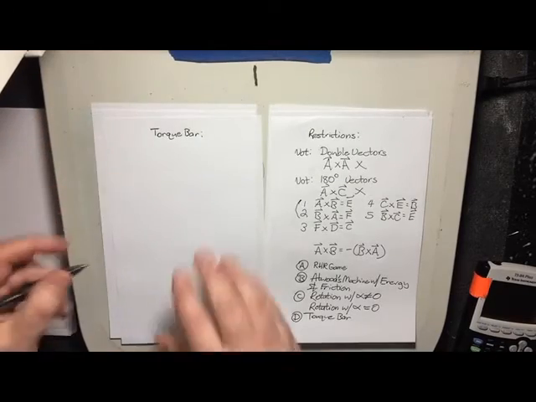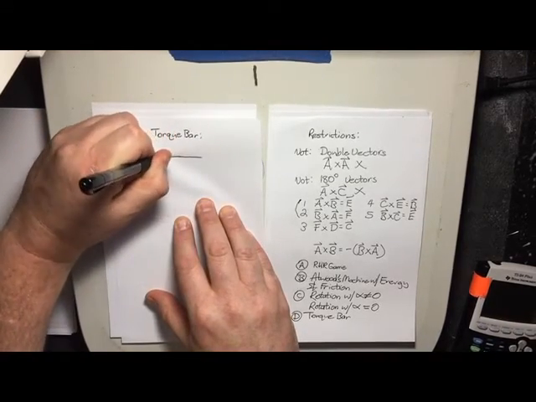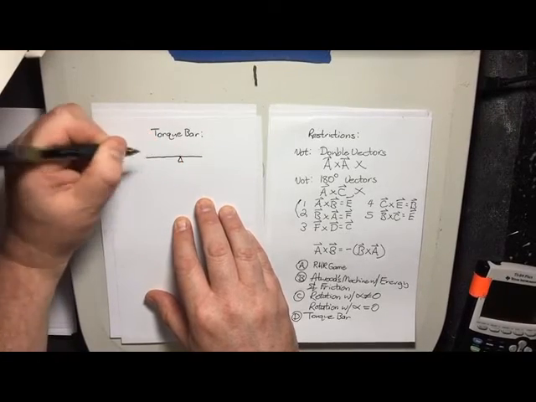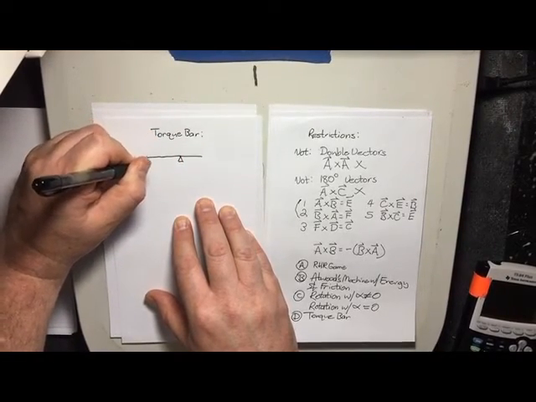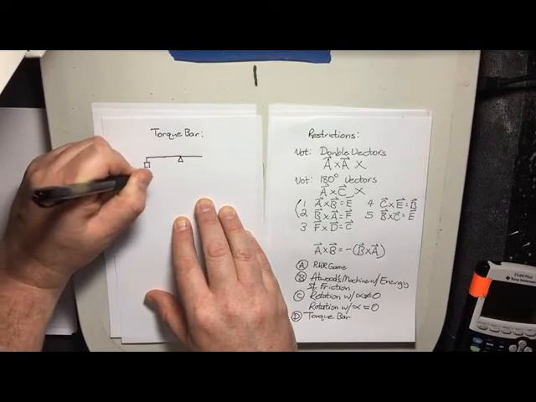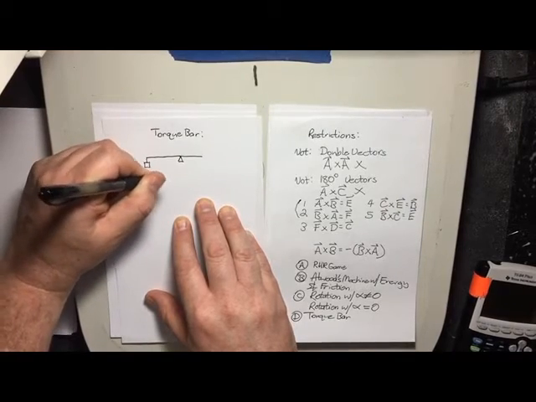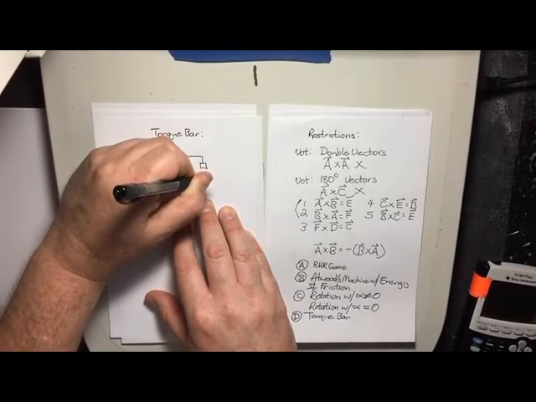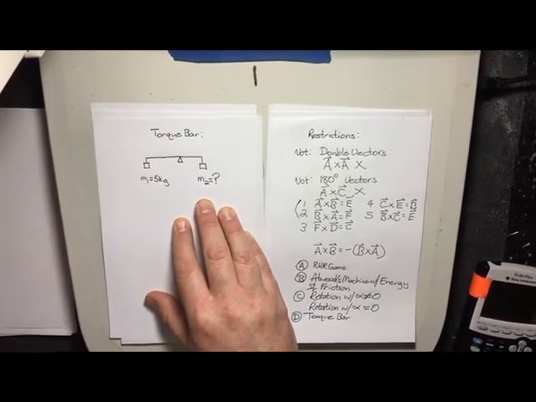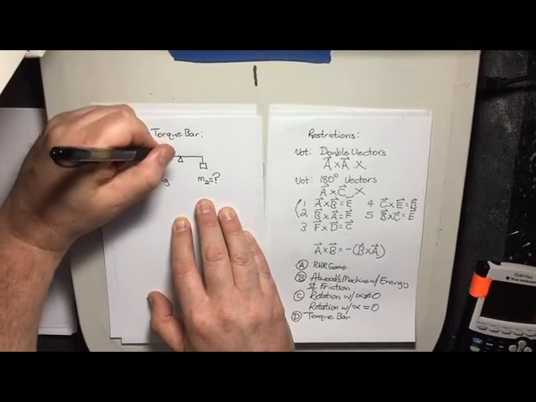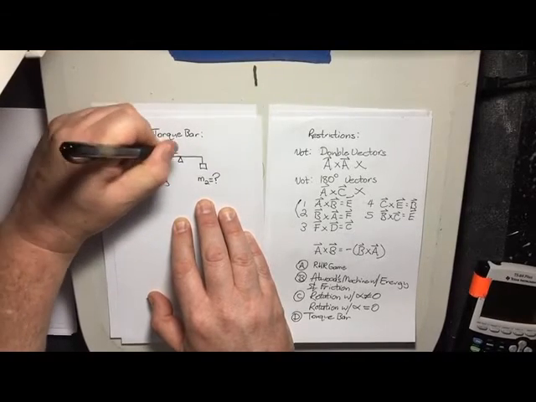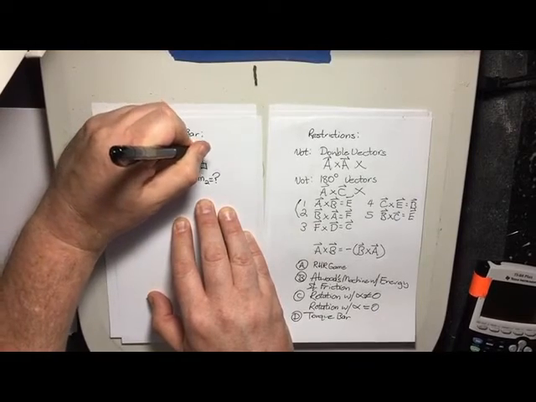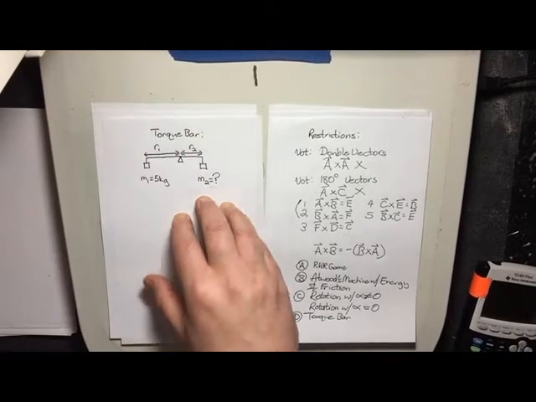So for the torque bar, we'll start simple. These bars will not have mass. So M1 is 5 kilograms, and I don't know what M2 is, and I'm looking for M2. And this is R1, and that is R2.